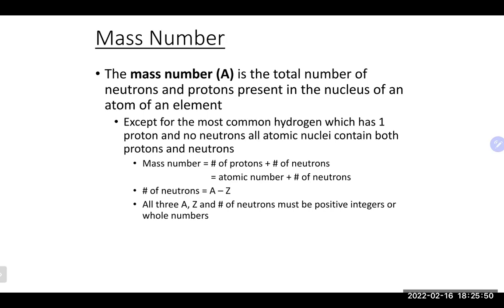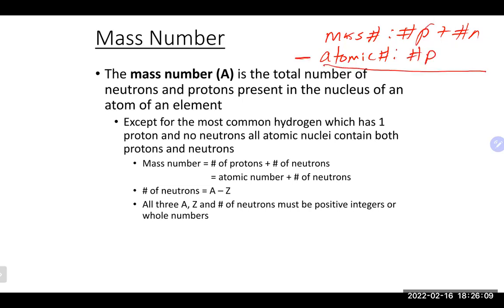That's really important because if you take the mass number, which is the number of protons plus the number of neutrons, and you take what we just talked about a second ago, which is the atomic number, which is the number of protons, and if you subtract the two, the number of protons cancel, and you can determine the number of neutrons. So if you take the mass number and you subtract the atomic number from it, that will give you the number of neutrons there are in an atom.